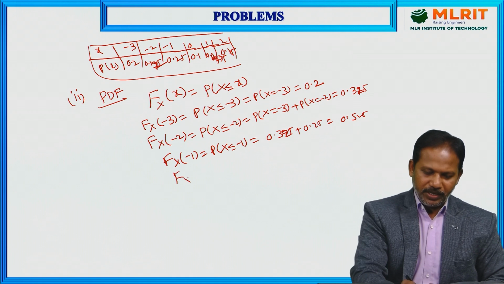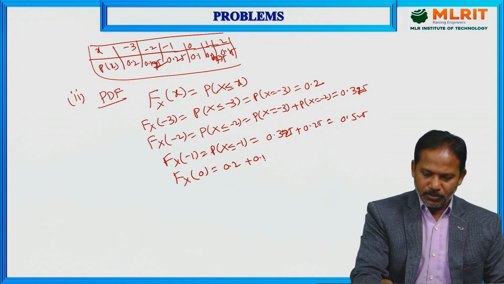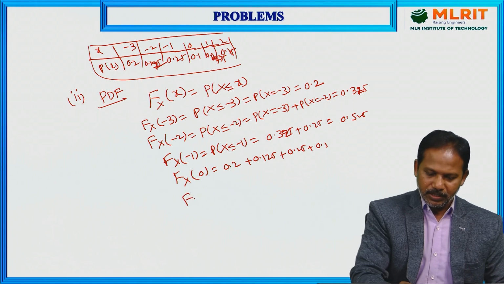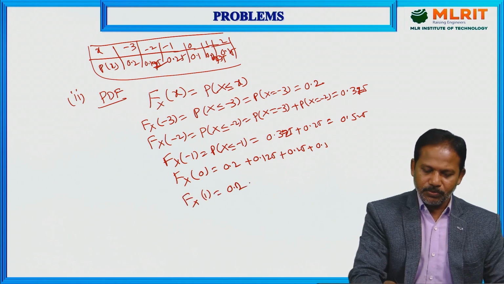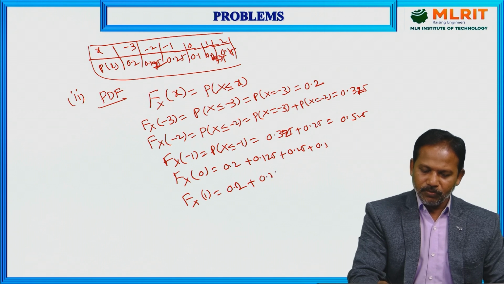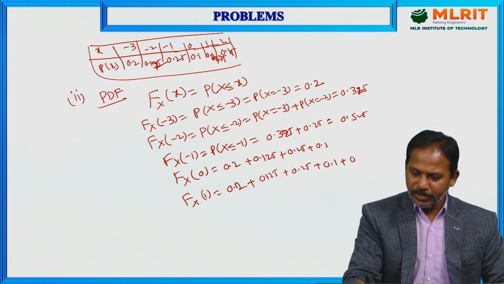Next, I need to find Fx of 0. So I need to write 0.2 plus 0.125 plus 0.25 plus 0.1. Similarly, Fx of 1 is 0.2 plus 0.125 plus 0.25 plus 0.1 plus 0.075.